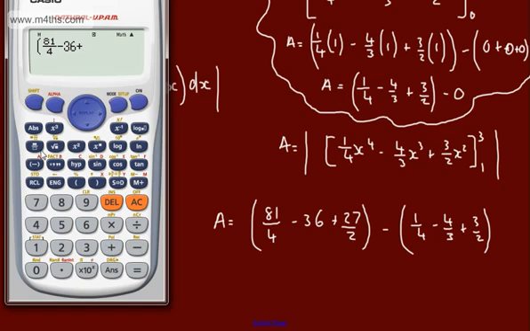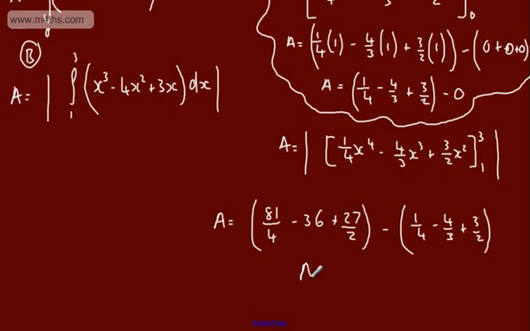Minus 36 plus 27/2, and then we're going to subtract away from this the answer. So that's that part right there. I've just evaluated that. This is the answer that I've got in the calculator, and that will give us minus 8/3.